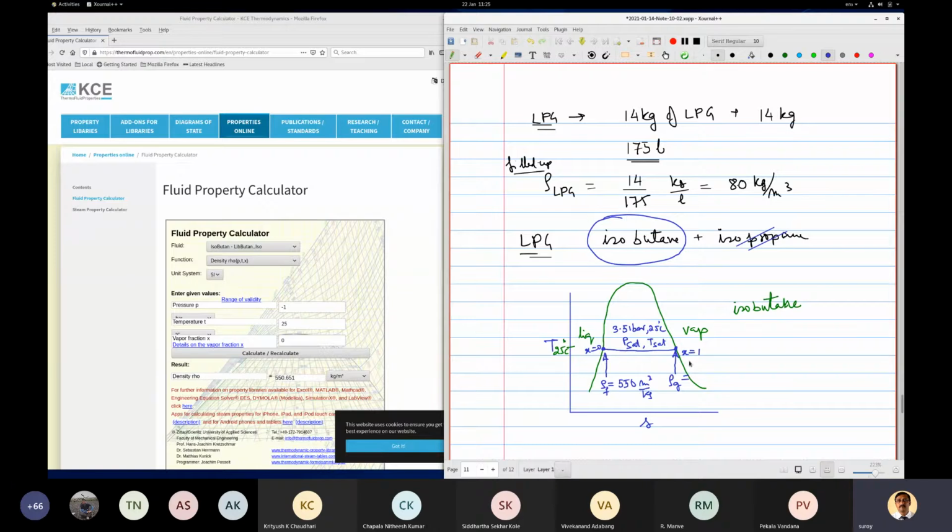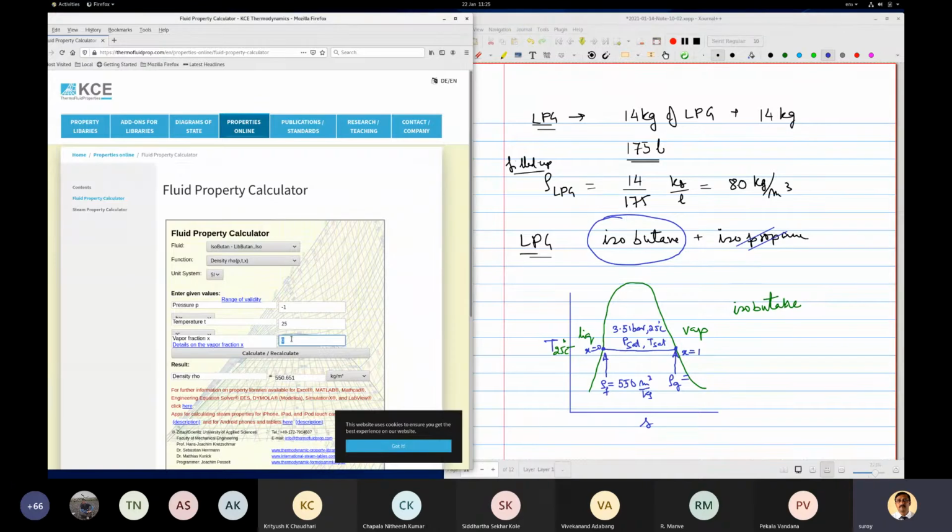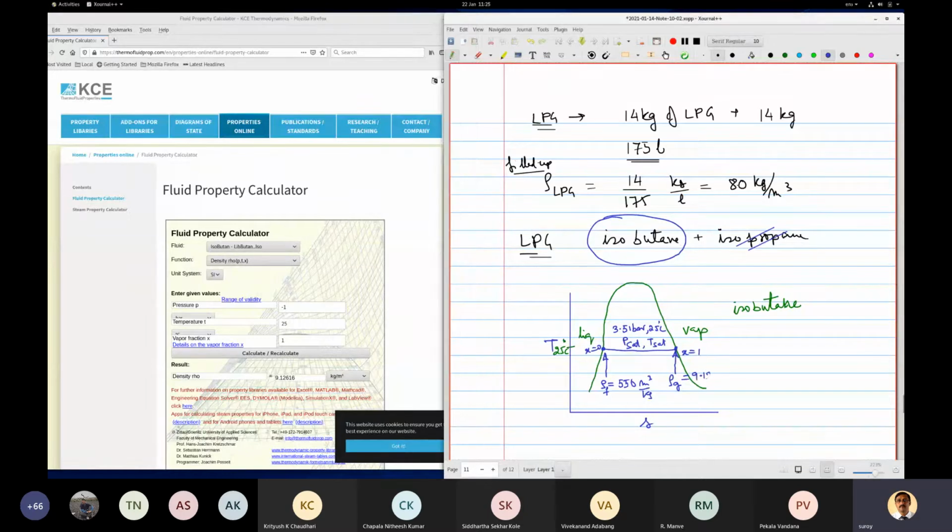Rho G is equal to 9.13 kg per meter cube. So what do we have to find out? Our goal is 80 kgs per meter cube. So here are 550 and 9.13. So what is the value of x for which I will get 80 kgs per meter cube?